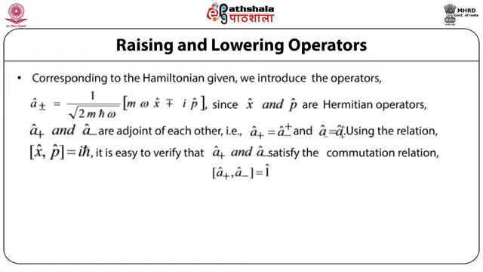That is, when they act on any eigenvector, they either increase the number by 1 or decrease the number by 1 respectively. Here, since the position operator x and the momentum operator p are Hermitian operators, therefore the raising and the lowering operators, that is A plus and A minus, are adjoint of each other.